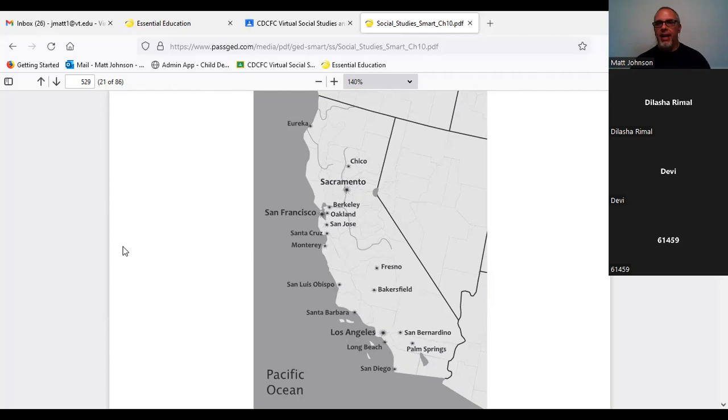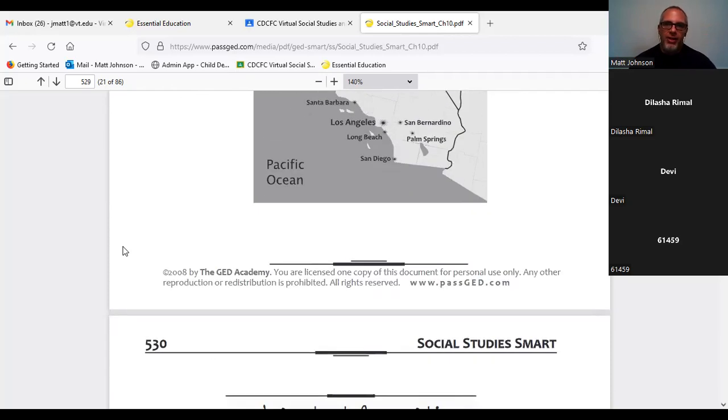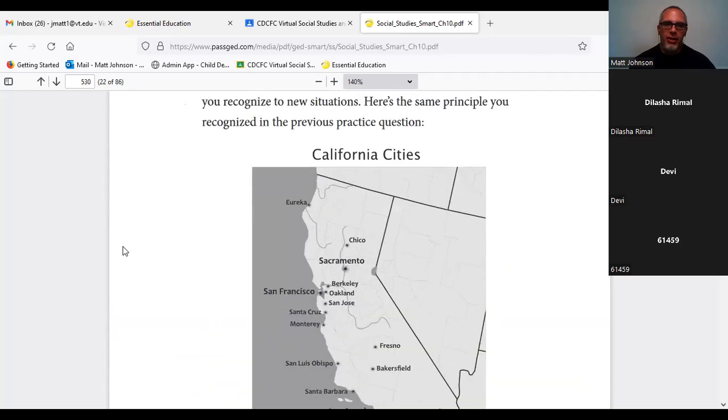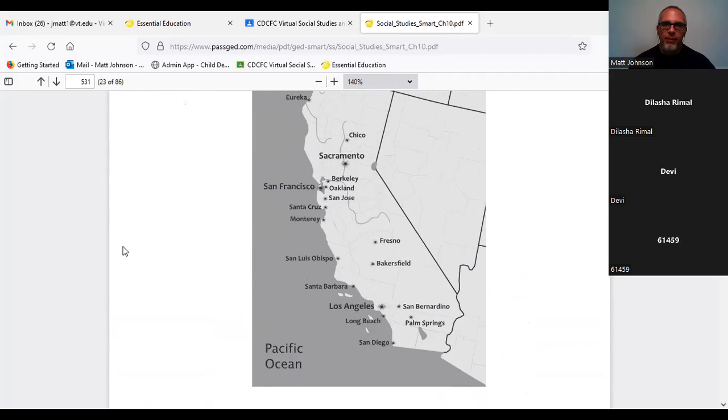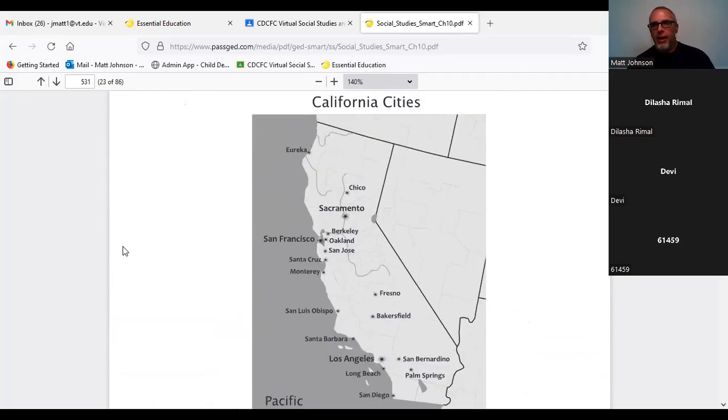So you see, that's the type of question you're going to get on the test, sort of drawing conclusions about the information that's displayed there. They might have you judge distance on a map, something like that.